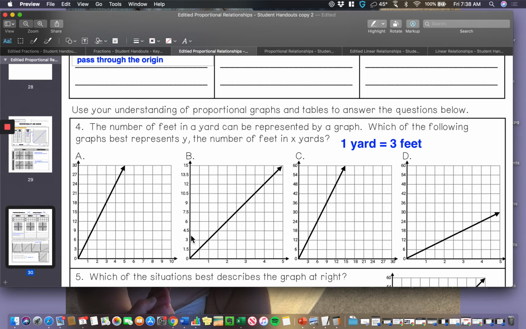So if I'm looking down here at my graphs, I have to find an ordered pair that intersects at 1 and 3. So if I had 1 on A, it would need to intersect right here. And as you can see, it does not, because I would have 1 yard to every 3 feet.